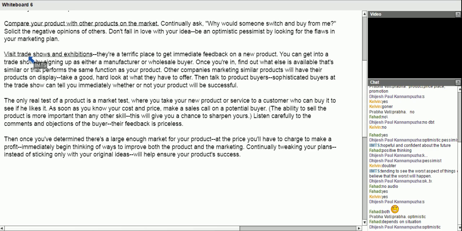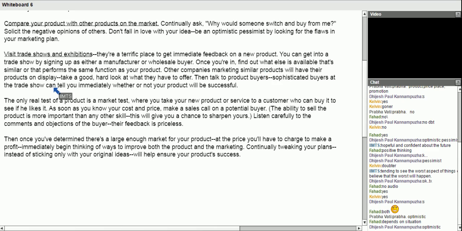Okay. Next, visit trade shows and exhibitions. They are a terrific place to get immediate feedback on a new product. You can get into a trade show by signing up as either a manufacturer or a wholesale buyer.